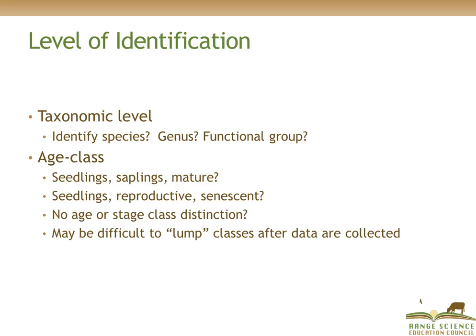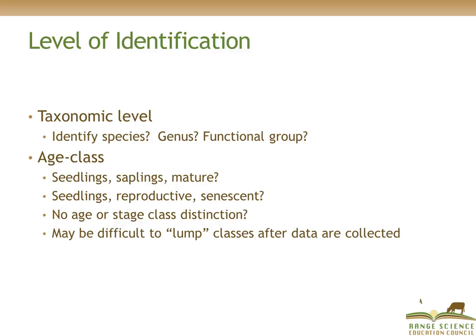It's important to consider this, because when we are collecting data, if we're making the distinction of, say, seedlings versus saplings versus mature plants, it's very difficult to lump those back together when we're doing the analysis, unless we take special care when we are collecting data to collect the data on a quadrat by quadrat or plot by plot basis.